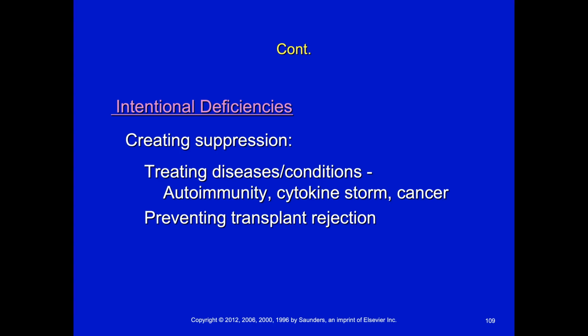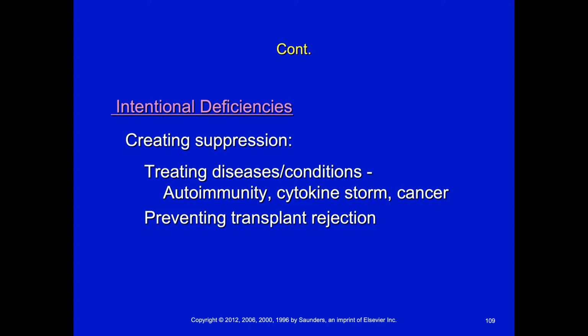In terms of treating diseases and conditions, autoimmunity, cytokine storm, and cancer are all examples where you can have an overactive immune system, and so you need to suppress that and again cause an intentional deficiency situation.